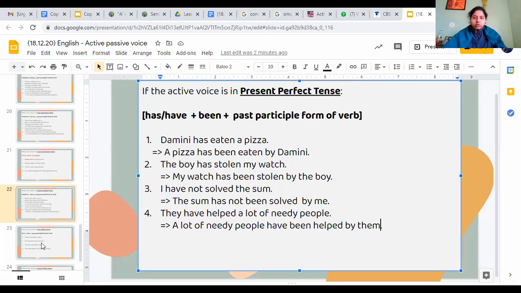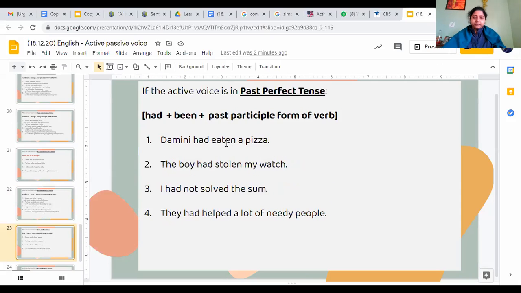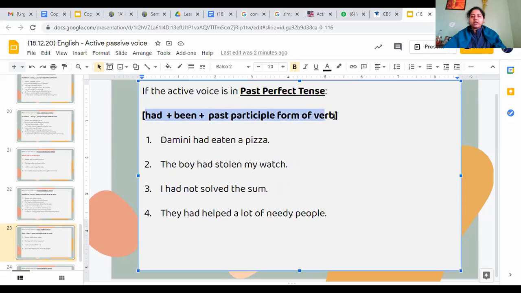Great. With that, moving on to past perfect tense. Again, we'll follow the same method, right? You'll take 1 minute to note this much down, the part given in bold. If it is past perfect tense, we will change it to had. Now, the thing with had is, if the subject is singular, had is used, and if plural, also had.